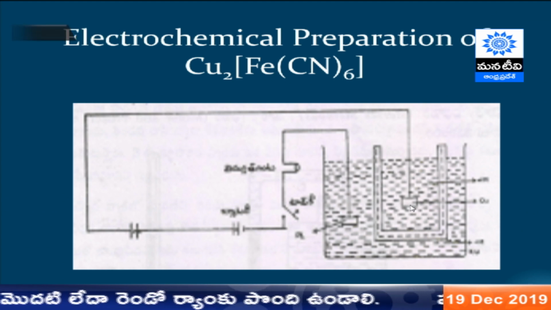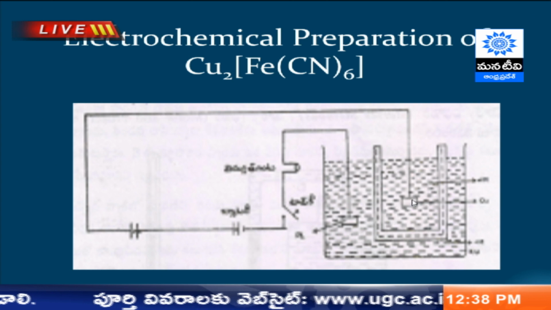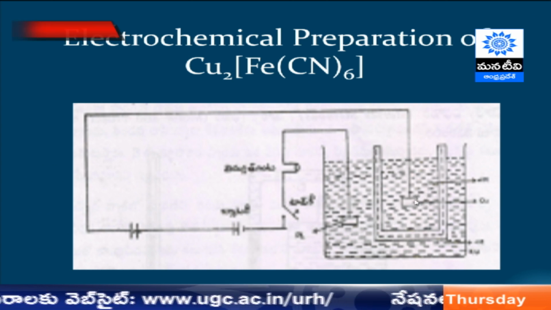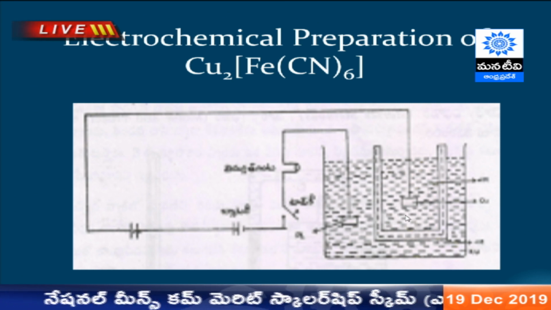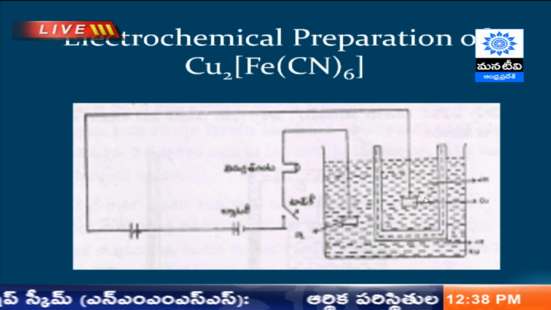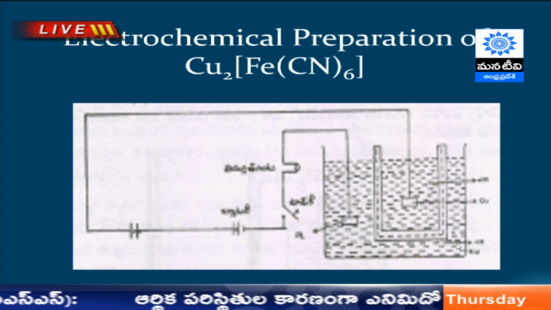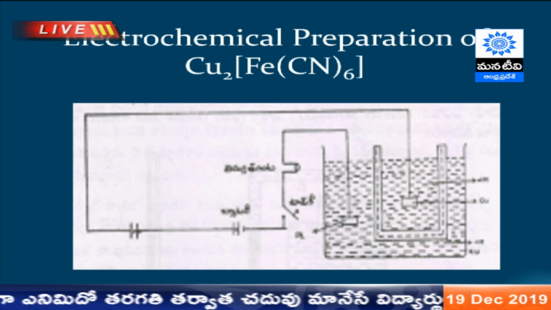In the inner vessel you have the copper sulfate, taken at a concentration of 0.1 molar, and in the outer vessel you have taken 0.1 molar potassium ferrocyanide.